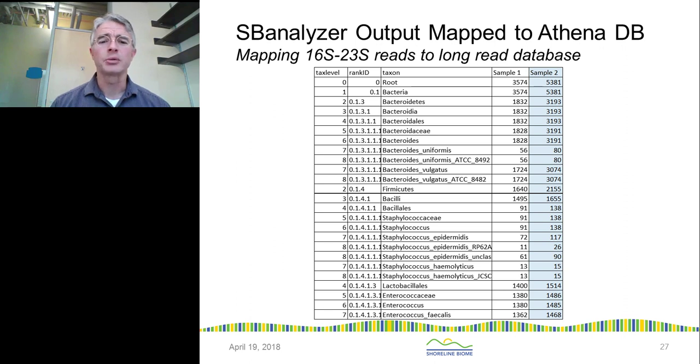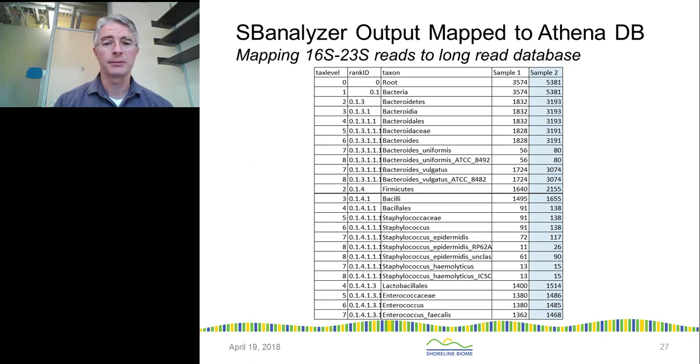And so in this case, we've got extra long reads here, so we can map down to the strain level. This is a database that we put together at Shoreline. We're calling it Athena, and it contains these linked 16S, 23S gene cassettes. So when we map long reads, we can get the kind of accuracy that we would want to have at the strain level.